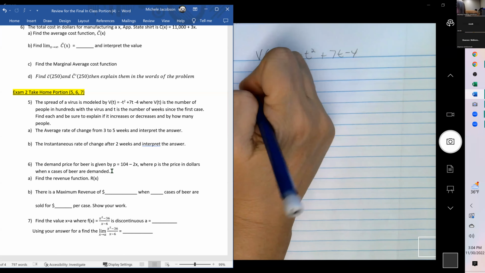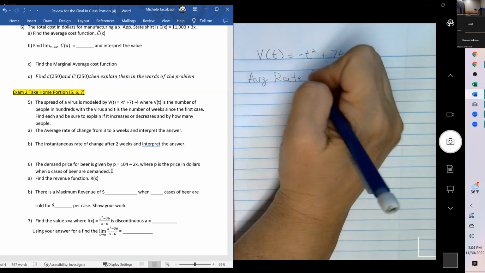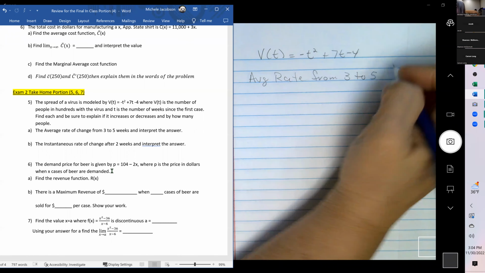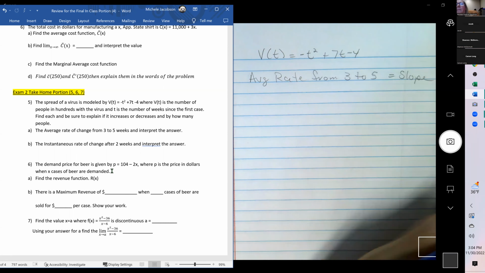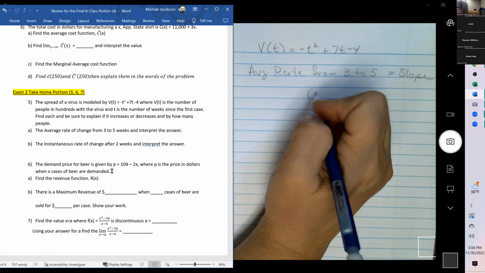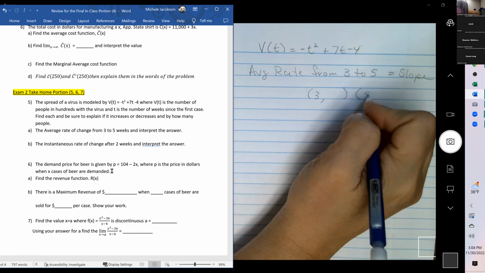Average rate of change between two numbers is slope. So to find the slope, we need to find the y value.